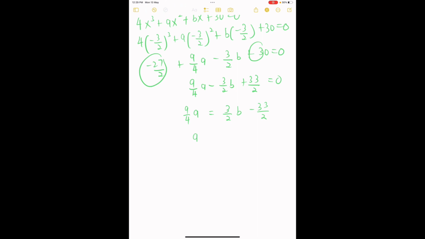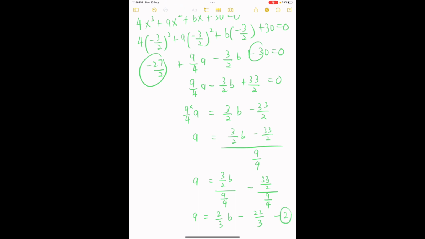Okay, so now we want A as subject, A alone. So 3 over 2b minus 33 over 2 divide 9 over 4. Because this is multiply, change to the right, become divide. So your A, you will have split the fraction: 3 over 2b divide 9 over 4 minus 33 over 2 divide 9 over 4. From here, you will get 2 over 3b minus 22 over 3. So this is your A.